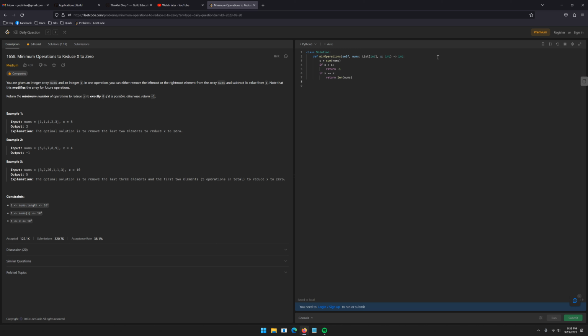Not exactly sure how to model it, so usually that means use recursion. So def r, right, left, value. Do I want right left value? Yeah, I think so. Okay, so now if v equals 0, return 0.